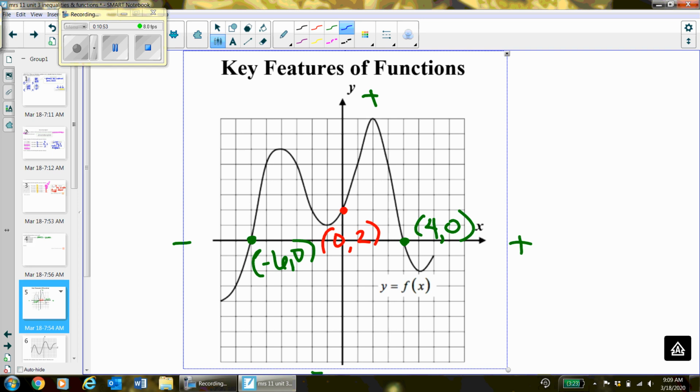So now, if I wanted to continue labeling, which I will, my absolute maximum, right? So the word absolute gives this a different meaning than relative. Absolute means it is the very highest point on your graph. All right, now there's clearly multiple high points on this graph.